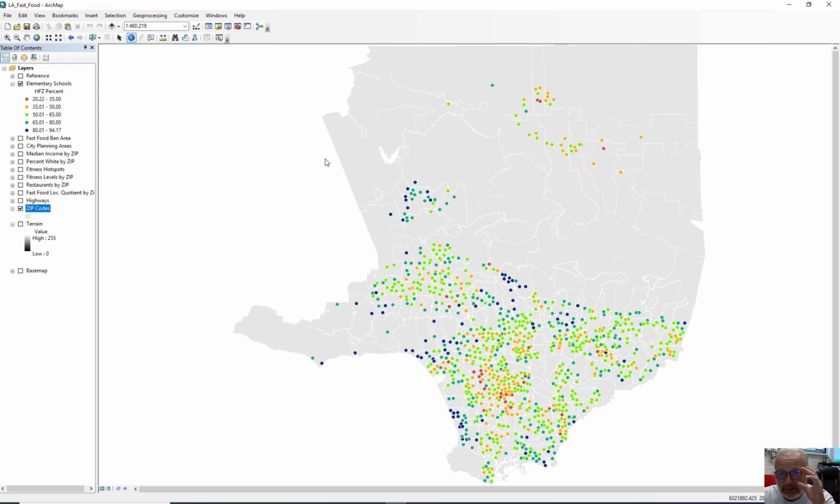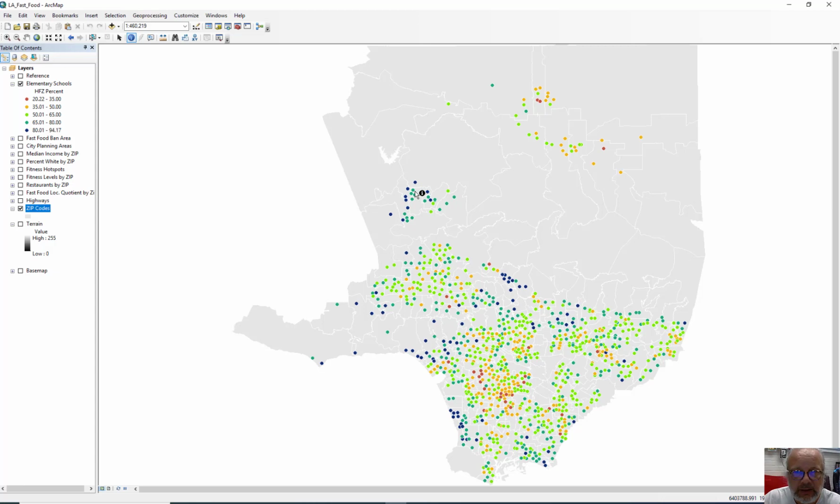That data is good, but in order for it to be used in a systematic fashion for the test that we want to run to see if there's a relationship between the density of fast food in a neighborhood and the level of fitness of the fifth graders, then we need to convert that point data that shows up as dots into something else.